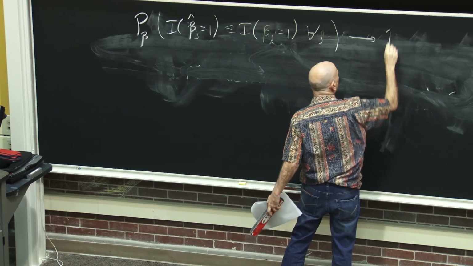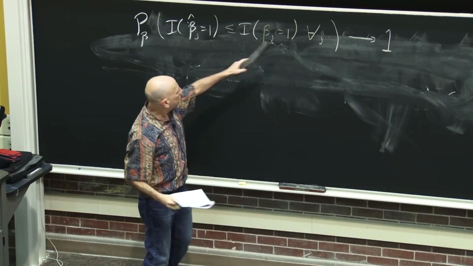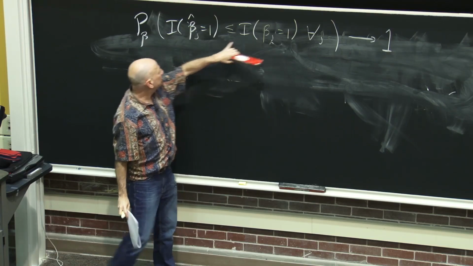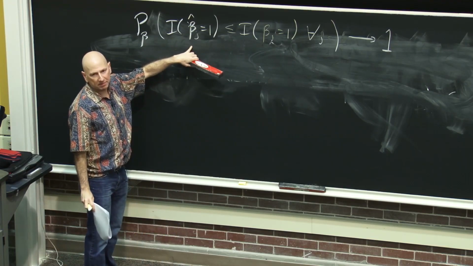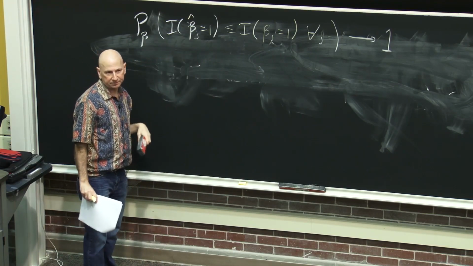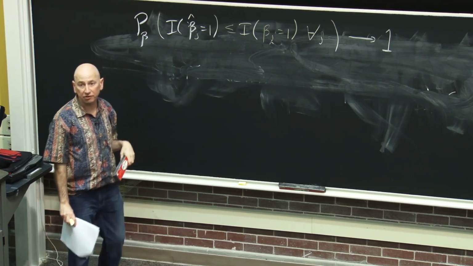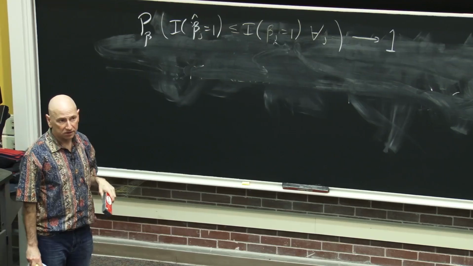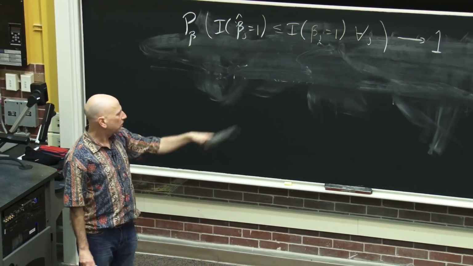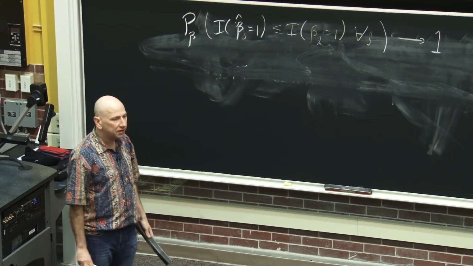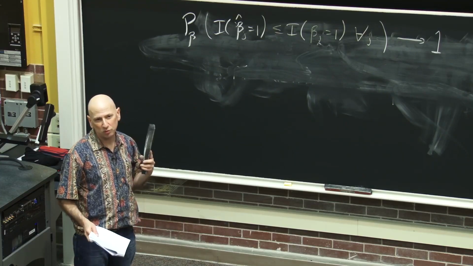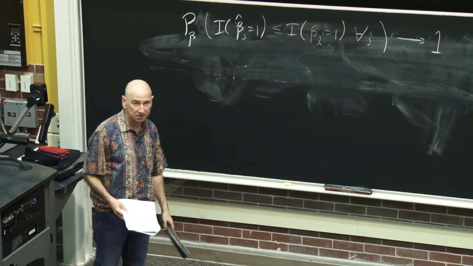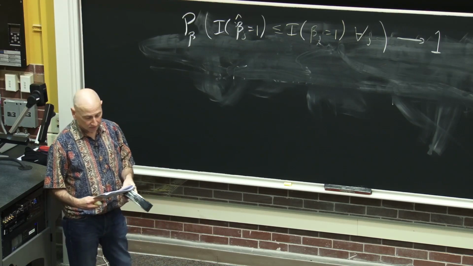So what is this saying? All I'm saying is that if one of the beta j's is 0, then this is 0, meaning the corresponding beta hat is 0. So I'm correctly recovering the zeros of the vector of coefficients. If that holds as n goes to infinity, we'll say it's weakly sparsistent. The only reason it's weakly is that we're not requiring both the 1s and 0s to be right. We're only requiring the zeros to be correct.